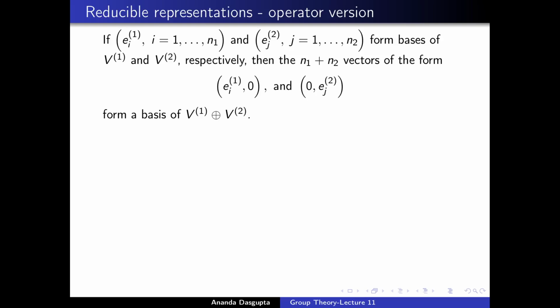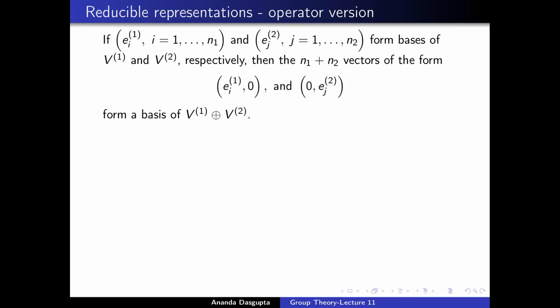Note that of these n1 plus n2 basis vectors, the first n1 are effectively basis vectors of V1 and the last n2 are effectively basis vectors of V2. However, they have been written in such a form that they actually are vectors of the direct sum space V1 ⊕ V2.